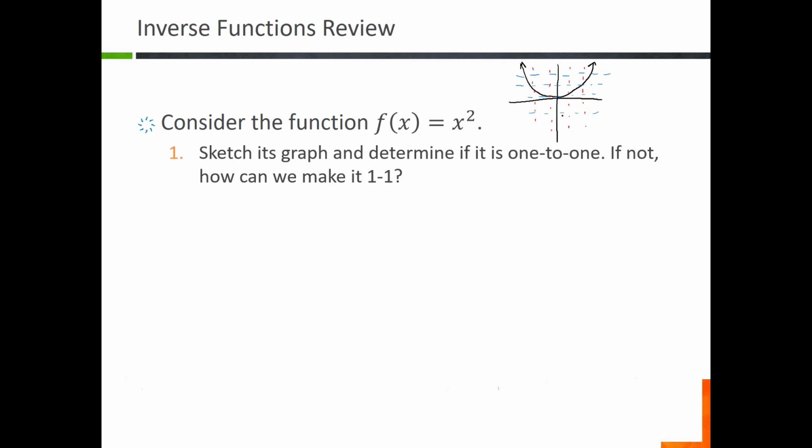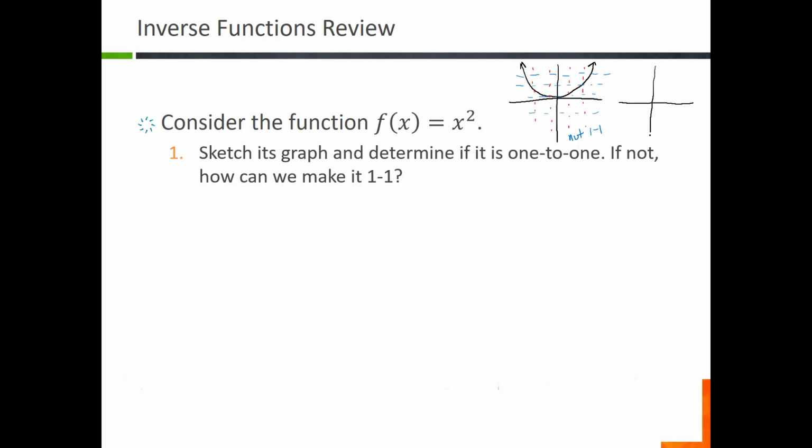Well, sometimes none, but there are places where it hits it twice. So right now, it is not 1 to 1. Okay? And so this was something you should have talked about in algebra. How do we make it so that it is 1 to 1? And the answer to that is that we restrict its domain.